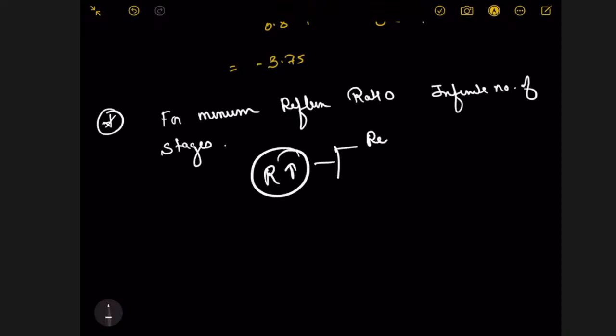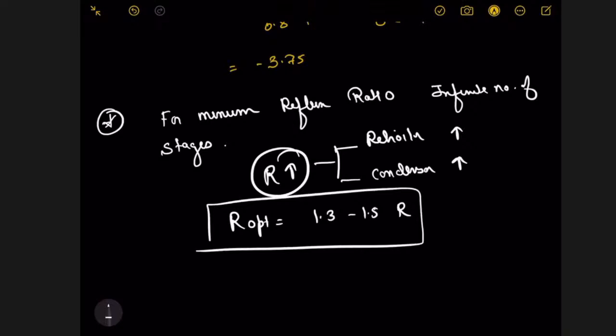The load on the reboiler and condenser will increase. That is why you have to use an optimum reflux ratio of 1.3 to 1.5 times R minimum.